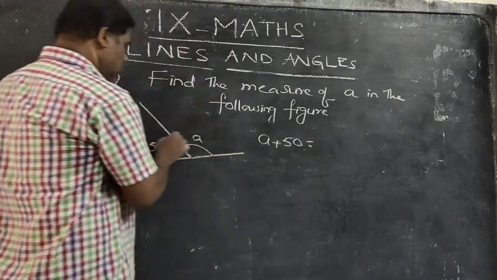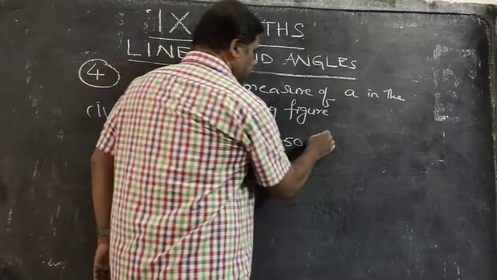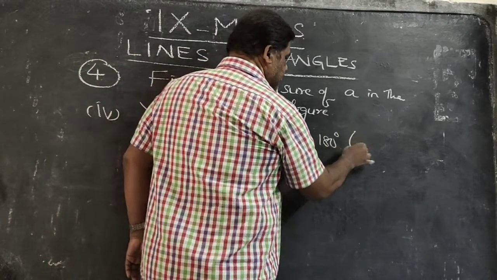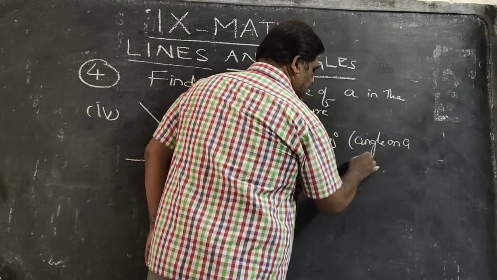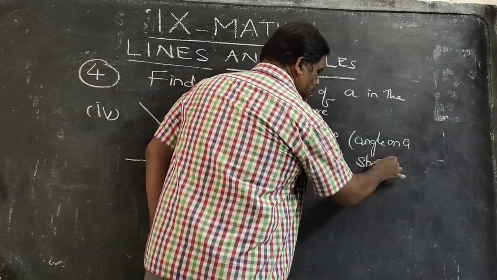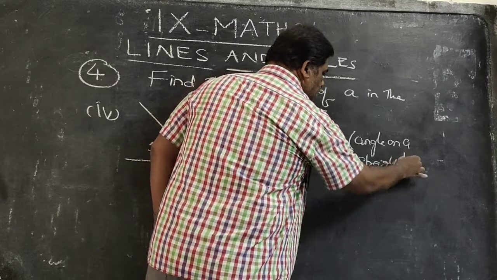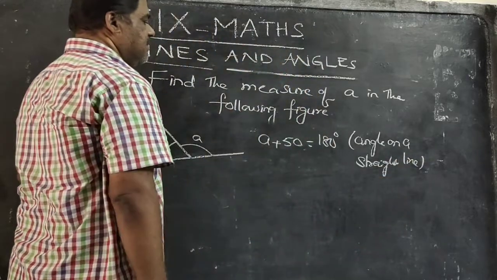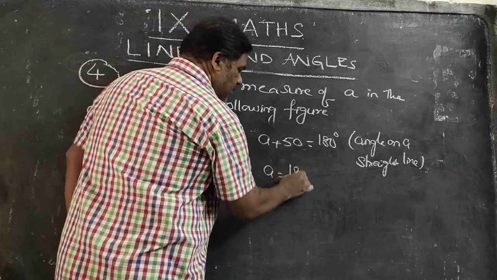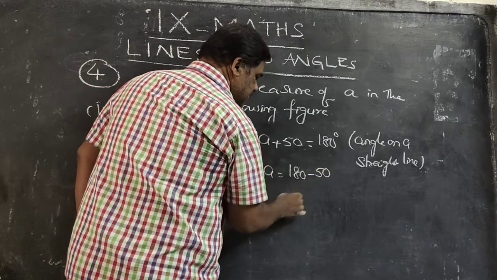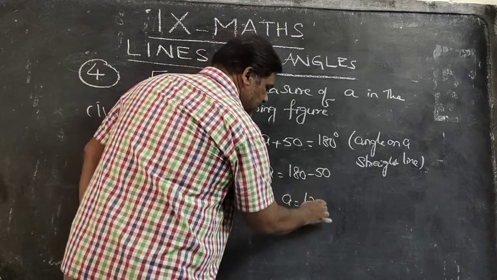If you add these two, that is angle on a straight line, it should be 180 degrees. The reason is angle on a straight line, we call it a straight angle. So A plus 50 is 180. So A value is 180 minus 50 degrees. So A value is 130 degrees.